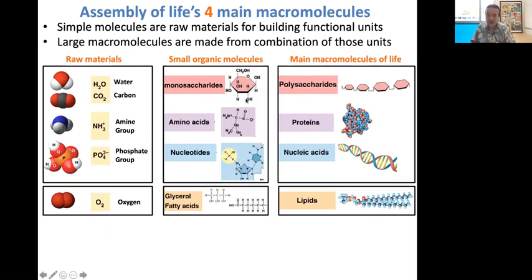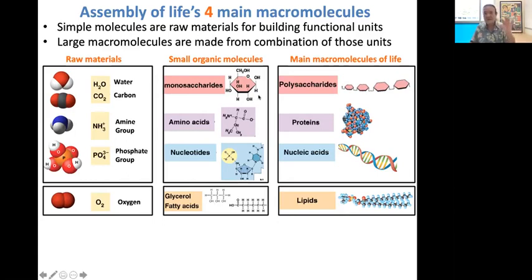So a monosaccharide, for example, is a fundamental single sugar, or an amino acid, or a nucleotide, or glycerols and fatty acids, which are long chains of hydrocarbons. Remember last time we said a hydrocarbon is a pretty simple molecule that's primarily just C's and H's.